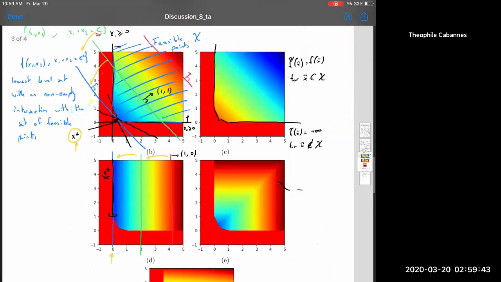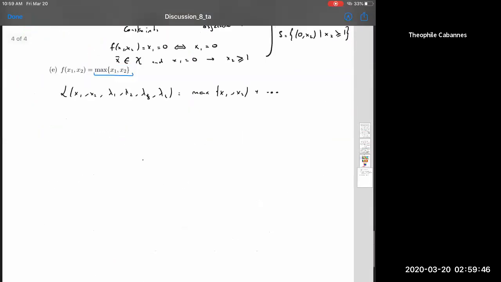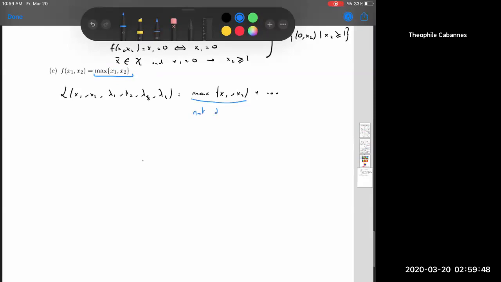But this is not differentiable with respect to x. So you cannot use KKT. And that's a big issue.